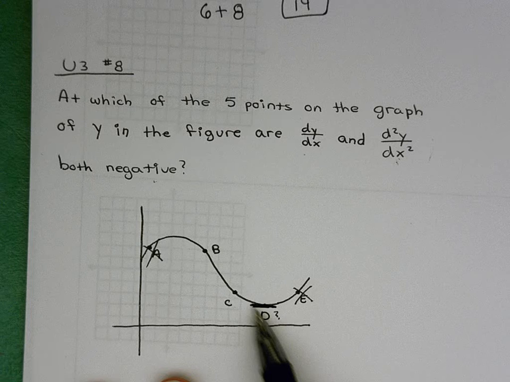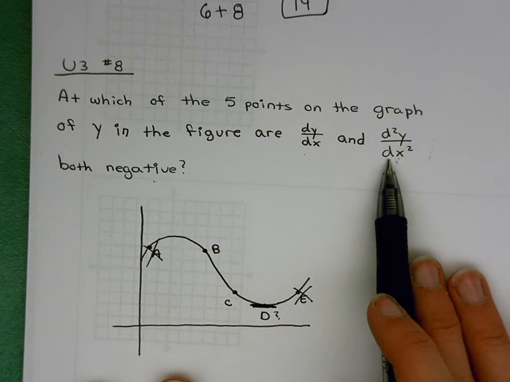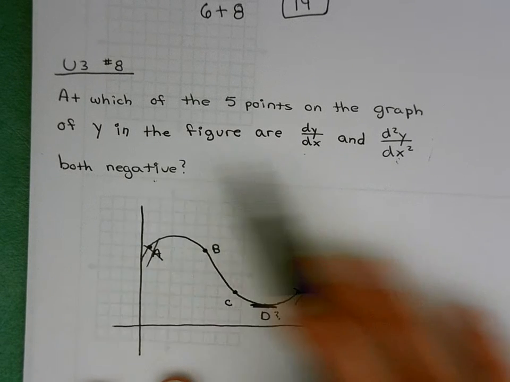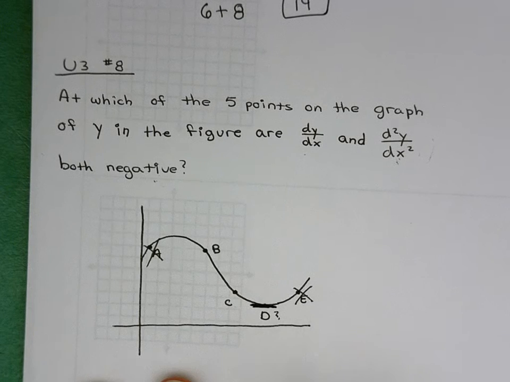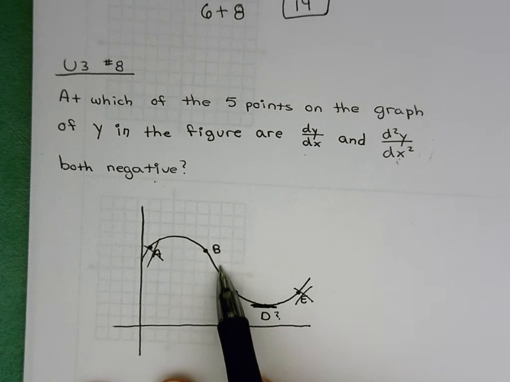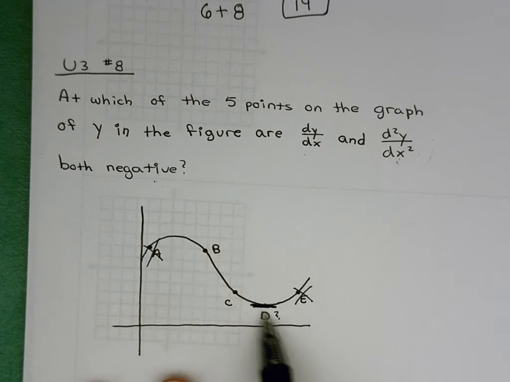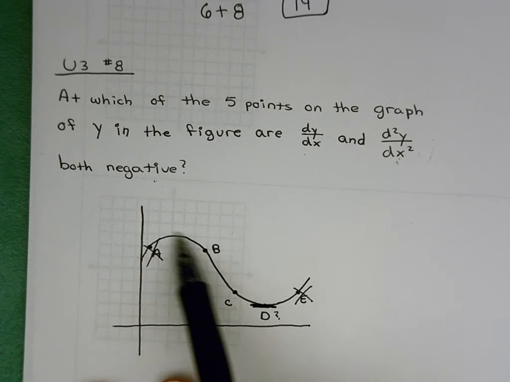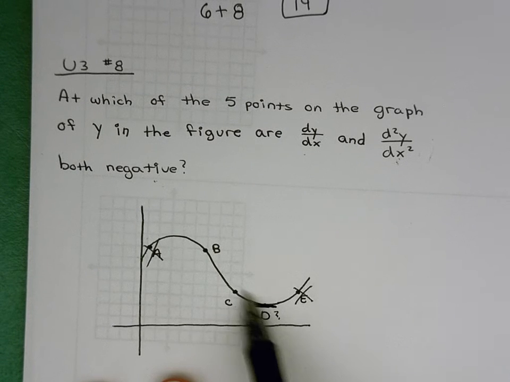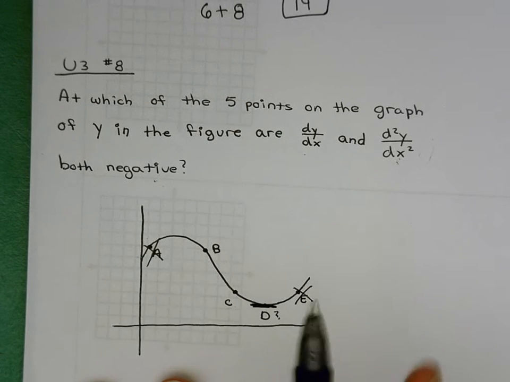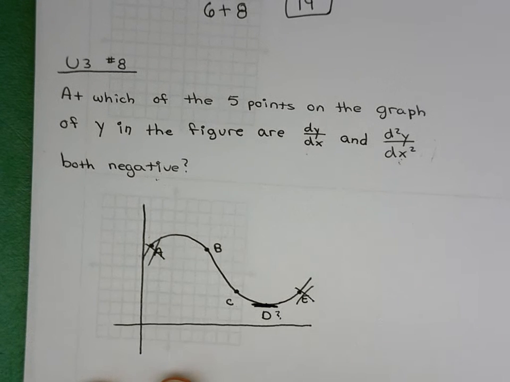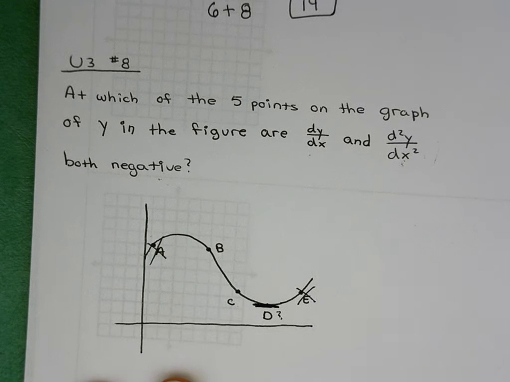Are any of these points not concave down? Second derivative, not negative. Okay? Well, here's my concave down piece, and somewhere in this range, I switched from being concave down to concave up. Remember back in that unit we talked about the fact that it's about halfway, right? It's an ish, but it's about halfway is our point of inflection when we change concavity.